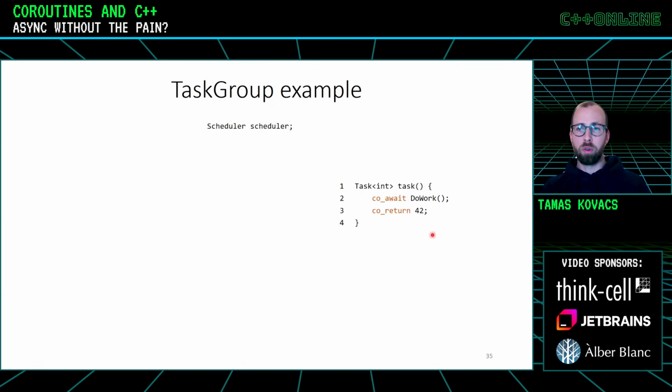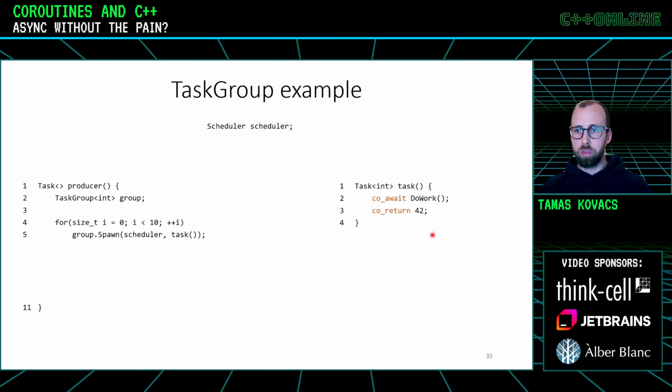A task group is not just a simple container for results. It also defines a strict lifetime boundary. So no task may outlive the owner task group. That makes the task group very, very important. If a task belongs to the group, the group takes responsibility for it until the task finishes. So this is our producer, and we create a group there.